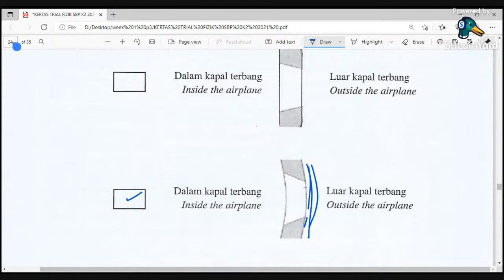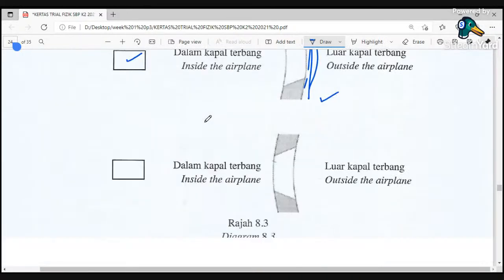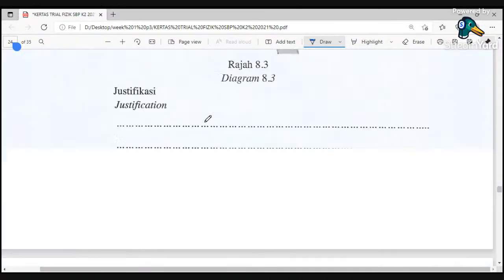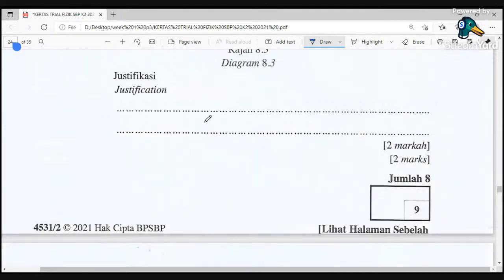Okay, so not easily deformed in shape. Okay, that's why we choose this one. Okay, justification.